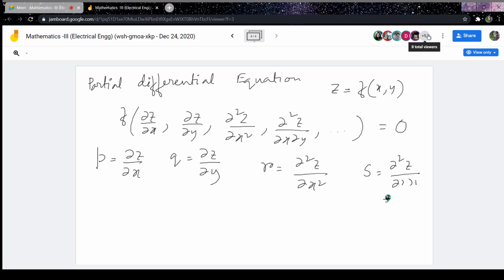And it is the same whether you operate first by y then x, or first by x then y, so this will be the same. So this is the same notation. And t, this is the convention. We just write p, q. So in place of ∂z/∂x, you will find this term p, q.